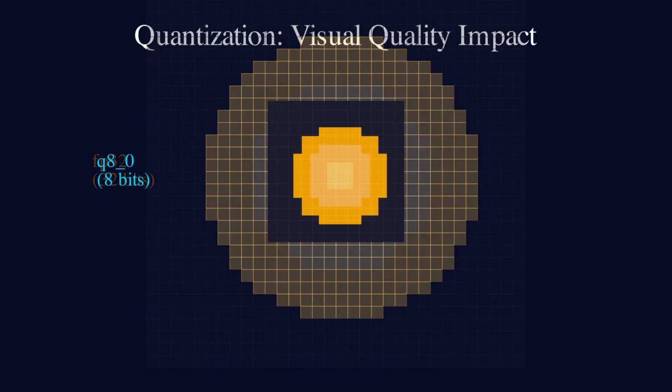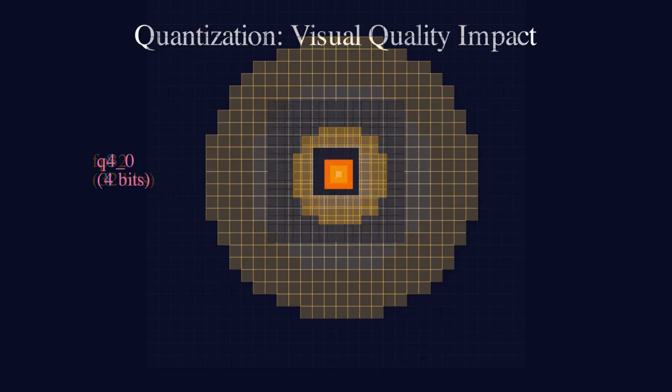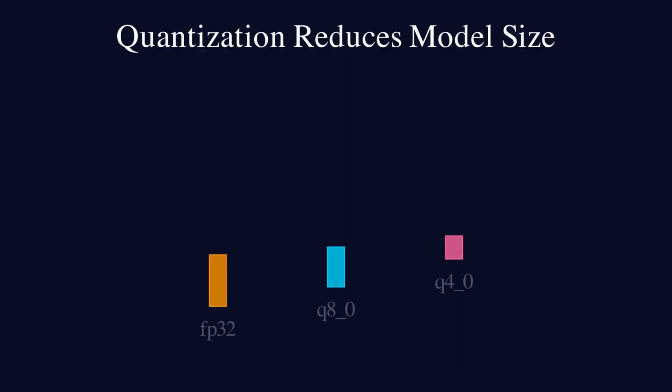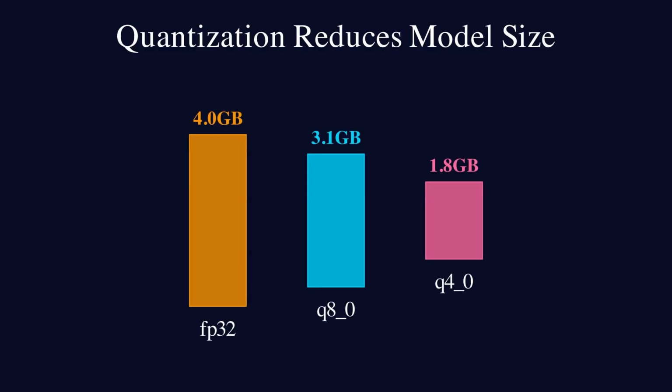Quant 8 uses 8 bits per weight, Quant 4 uses 4 bits. A 4 gigabyte FP32 model becomes 3.1 gigabytes at 8-bit, 1.8 gigabytes at 4-bit, but it's still the same model. It's the same knowledge, just a smaller file, with less VRAM.